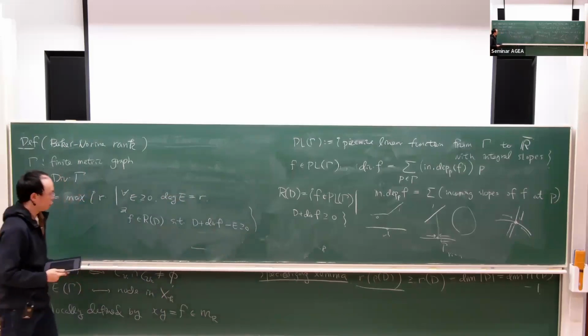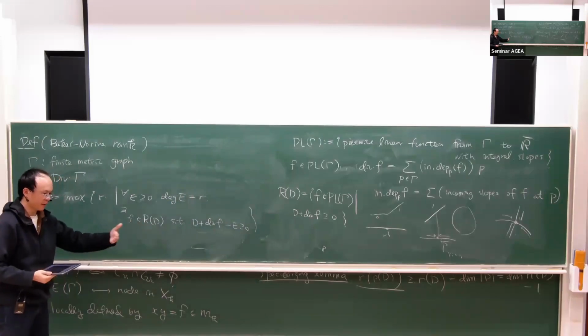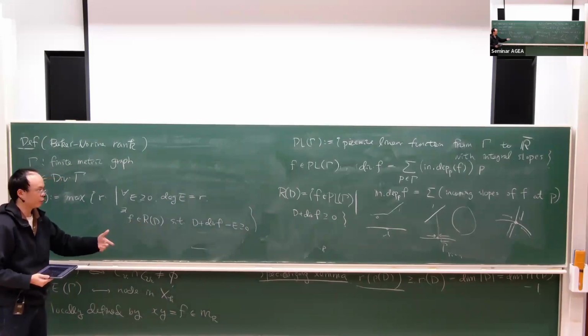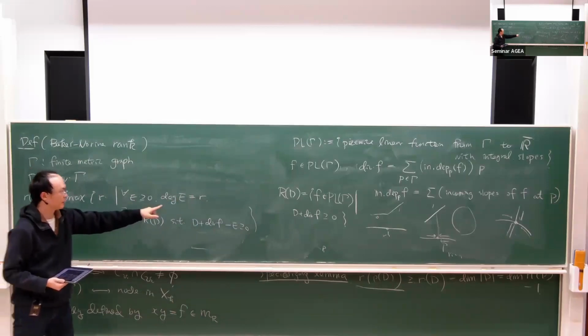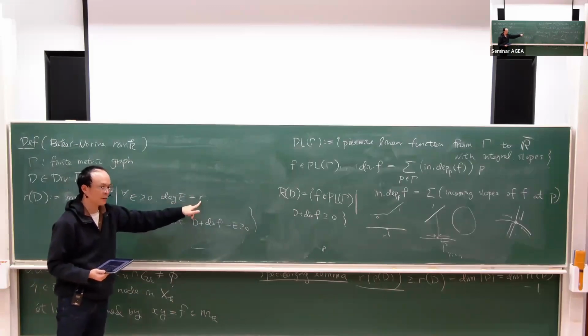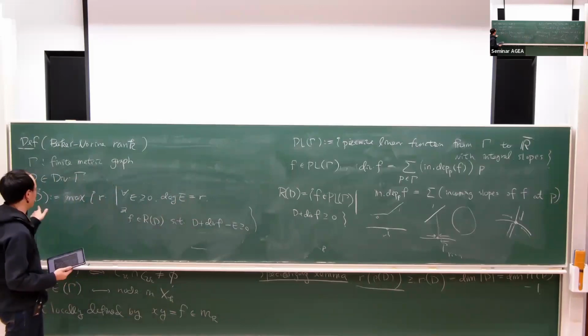In other words, you can move the divisor D within its linear equivalence class to cover the effective divisor E, and you must cover every effective divisor of degree R. The largest such possible number is called the Baker-Norine rank of D.